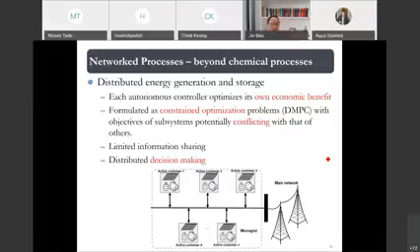They may have energy storage like batteries, and each of those consumers is called a prosumer because they produce energy and also consume energy. So they form a network, obviously, and typically there would be a microgrid.